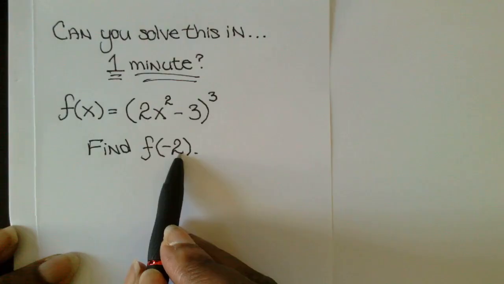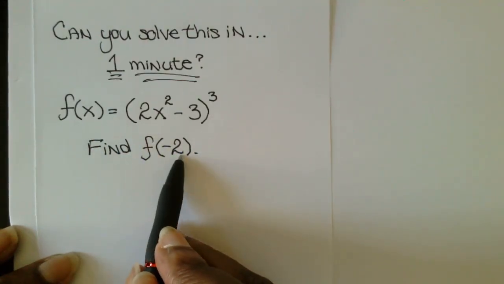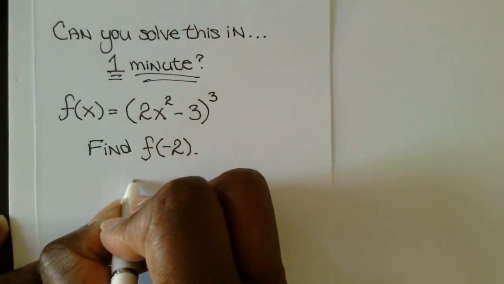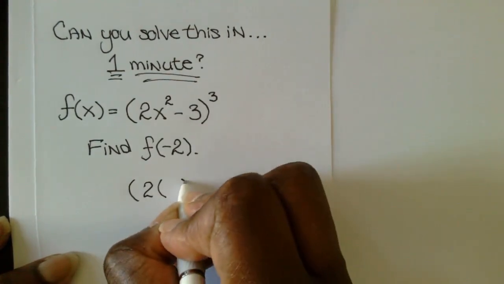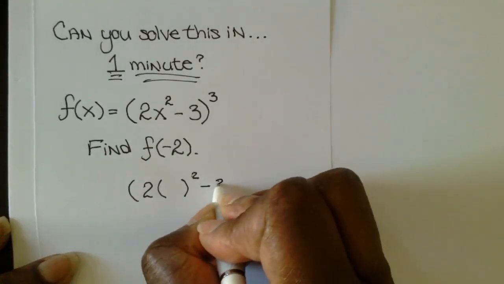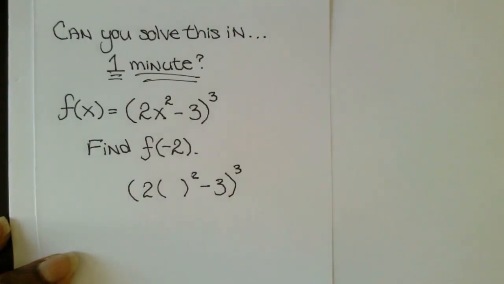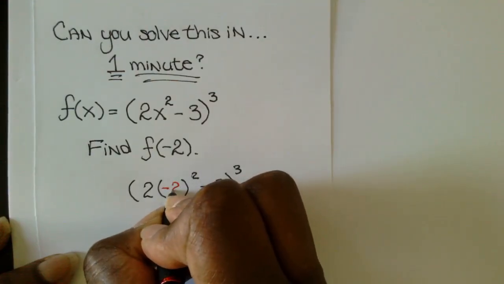So they're telling you to plug in the -2 for the x. If we rewrote it, it will be 2 times parenthesis squared, minus 3, raised to the 3rd power, and in that spot I'm going to put my -2.